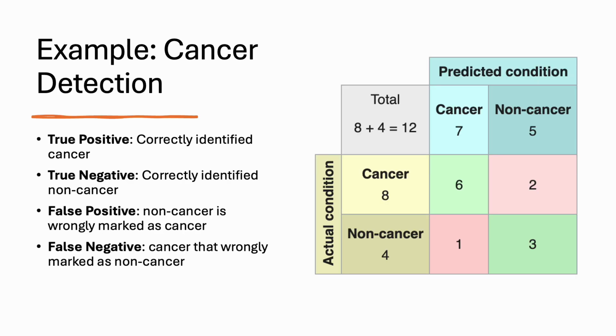Let's understand these terms with an example with cancer and non-cancer. In this slide I presented the same confusion matrix where I started.